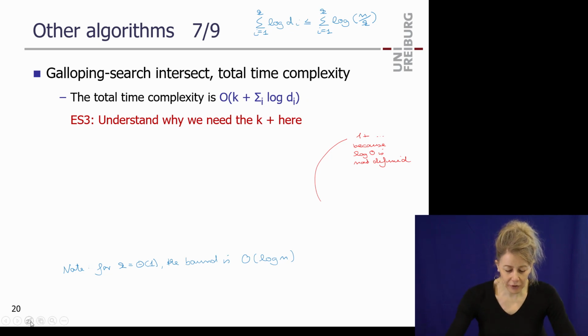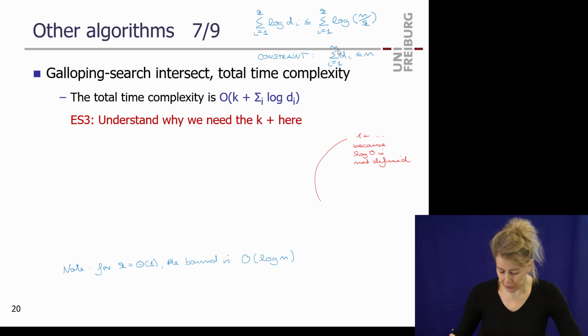And what's the constraint? We don't know what the d_i are, but they have a constraint, namely their sum is less or equal to n, right?